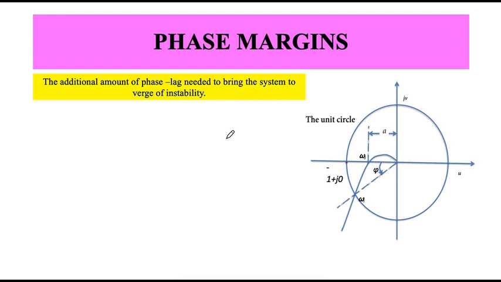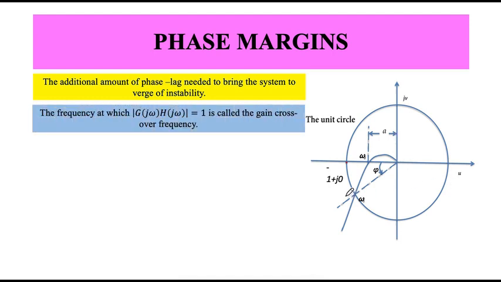So let's revisit this picture again for a while. What we are interested in again is right here, the intersection. I call this omega 1. What is this omega 1?